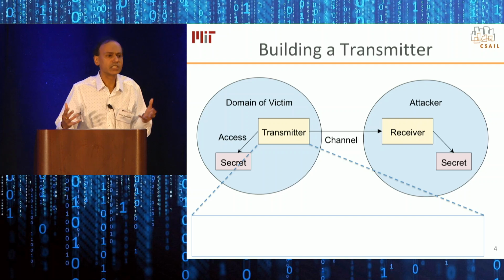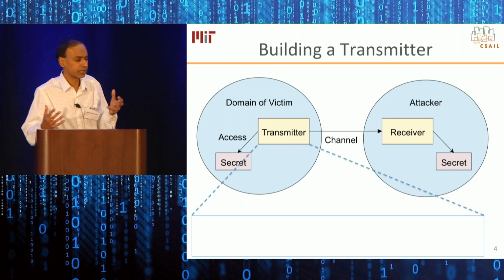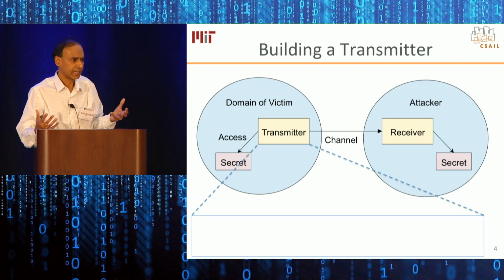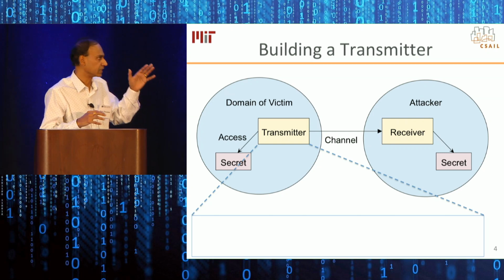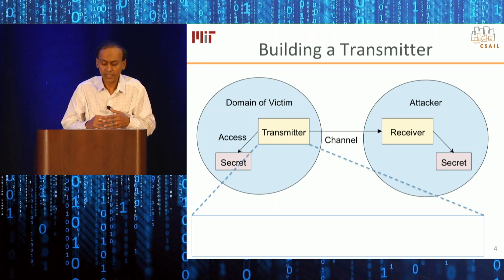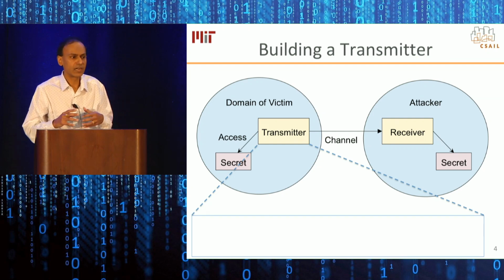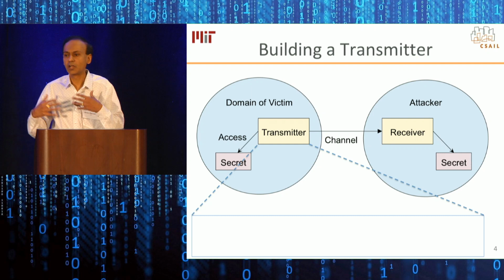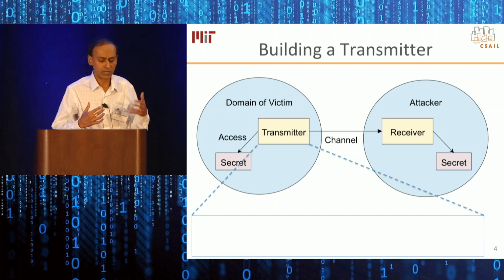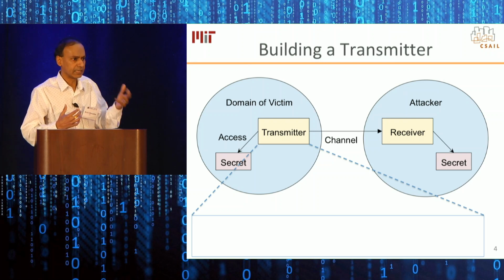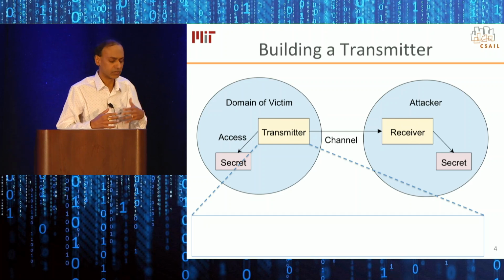It could be the completion time of a process, because the operating system can view the completion time of a process. It could be because of shared microarchitectural state, because you share a cache. It could be bandwidth, it could be an arbiter that's unfair, and there's a wide variety of these things. That's what's in the middle. What you're trying to do as an attacker is synthesize a transmitter on one side, running inside of the victim protection domain, which allows privileged access or whatever access you have for your own code if you're the victim, and take the information from the victim code and victim data and propagate it through the channel to a receiver on the attacker side.